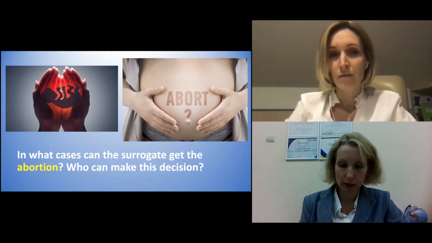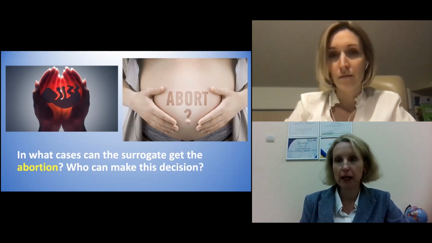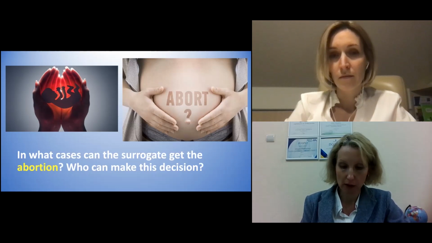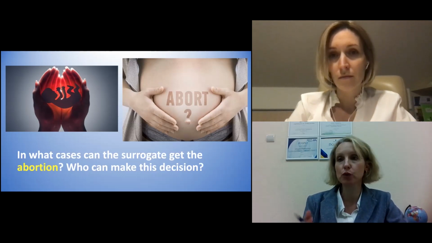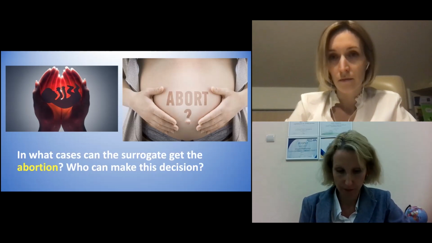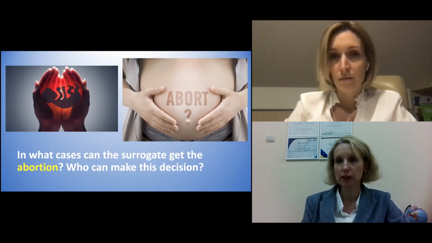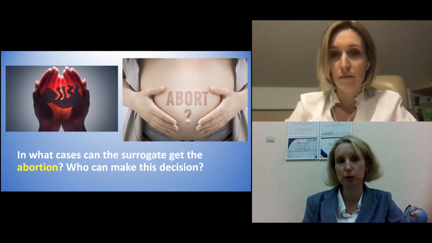In cases stipulated by law, here special medical indications are meant, artificial termination of pregnancy may be performed during the terms of pregnancy from 12 to 22 weeks. So the legislation is very definite unless surrogacy comes into play.